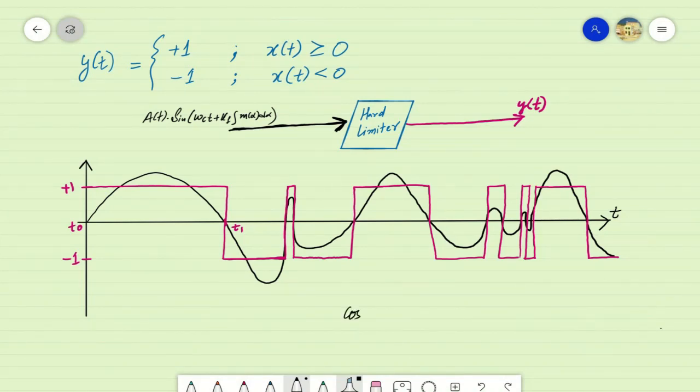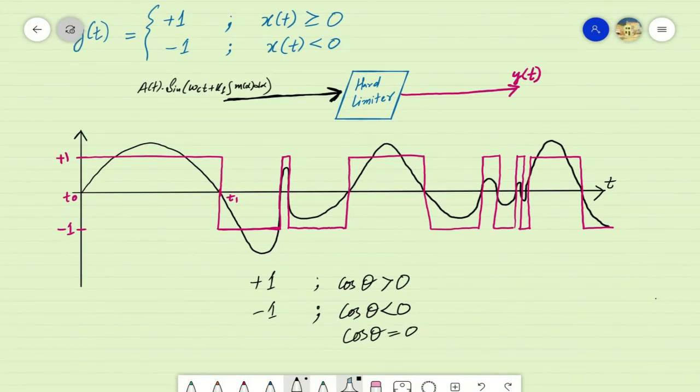For example, if cos of theta was input to the hard limiter, for the span where its value was greater than 0, we limit its output amplitude to +1, and for the time spans where its amplitude is less than 0, we limit its output amplitude to -1. We can further define it as, for the time instances where cos of theta had a 0 amplitude, the output signal is also forced to have the same 0 amplitude. The output signal we have referred to as y of t.